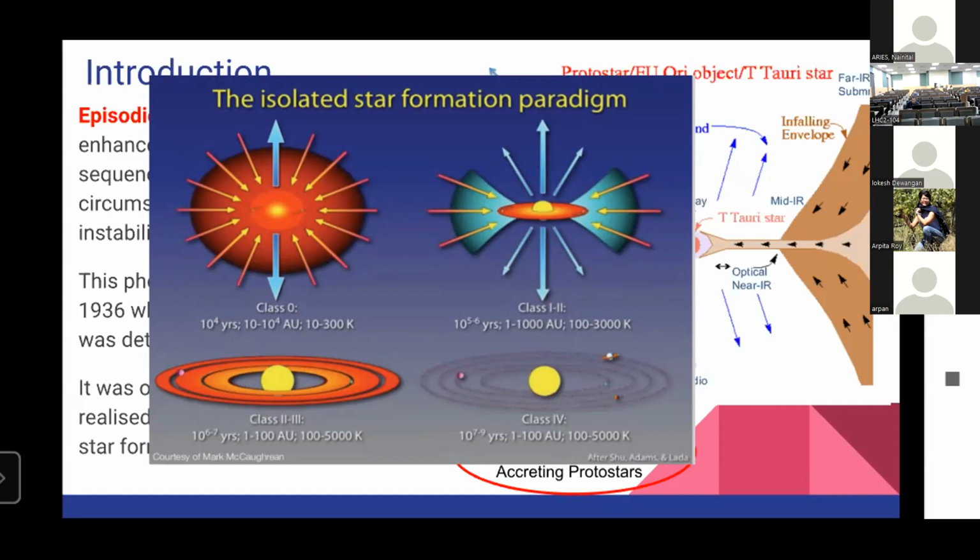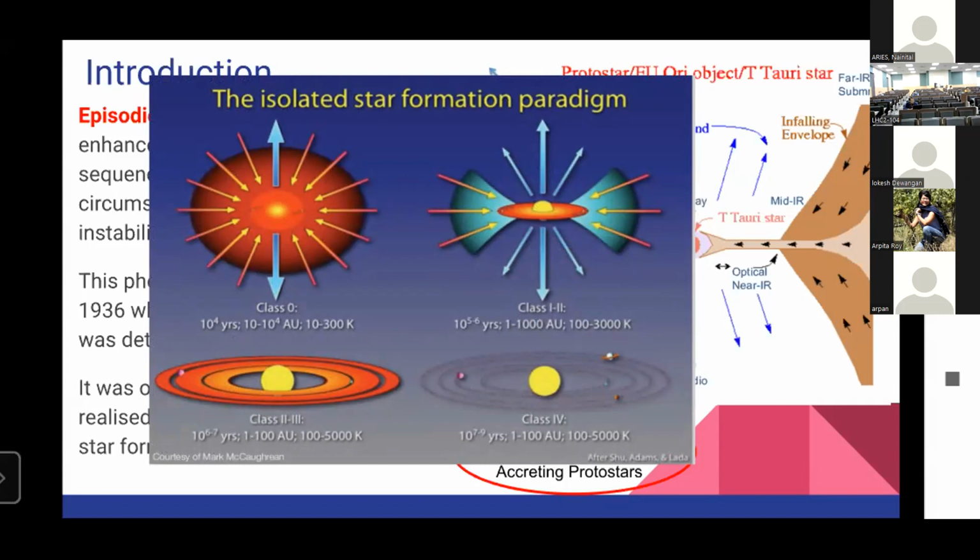Then in the class 1 stage there is a remnant infalling envelope around the central star, and in the class 2 or 3 stage the envelope disperses and we only have the disk, up to the class 4 stage when even the disk disperses. In this paradigm we find episodic accretion mainly in the class 1-2 stages, where the remnant envelopes are still there.